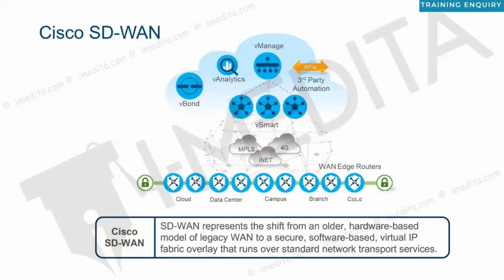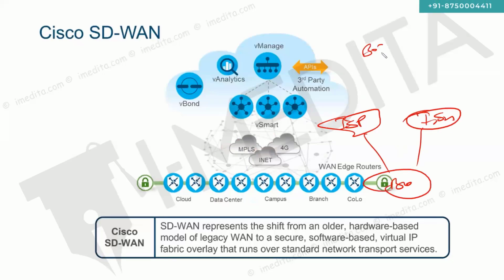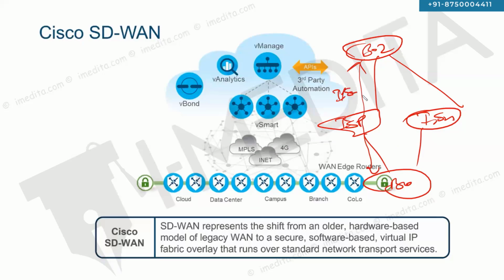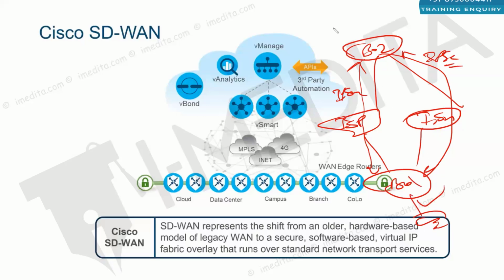There is a feature: if you have two internet connections, ISP1 and ISP2, in the branch office, and another branch office which also has both internet connections, then over the internet there will be an IPsec tunnel between the remote sites. If you are making a call from branch 1 to branch 2, and you do not have any MPLS connectivity, you are having only internet connectivity.